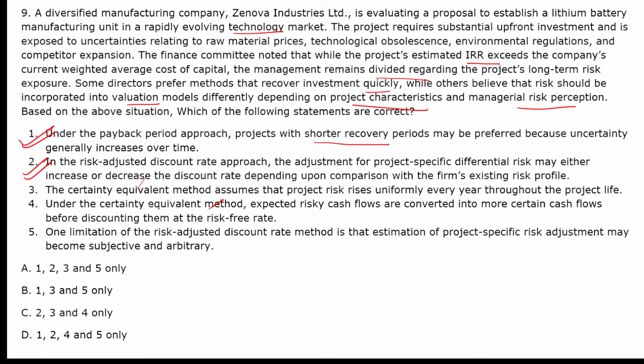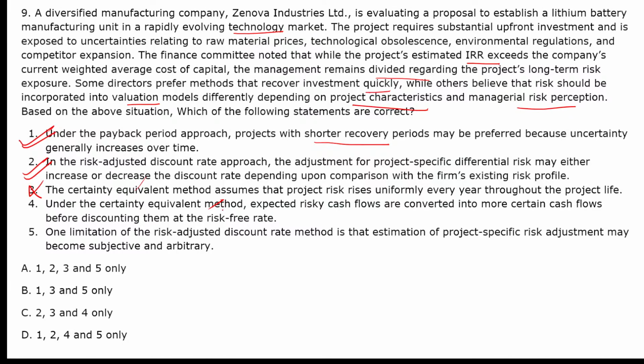The certainty equivalent method assumes that the project risk rises uniformly every year throughout the project life. Wrong. This method does not presume that risk increases at a constant rate. Okay, this is wrong.